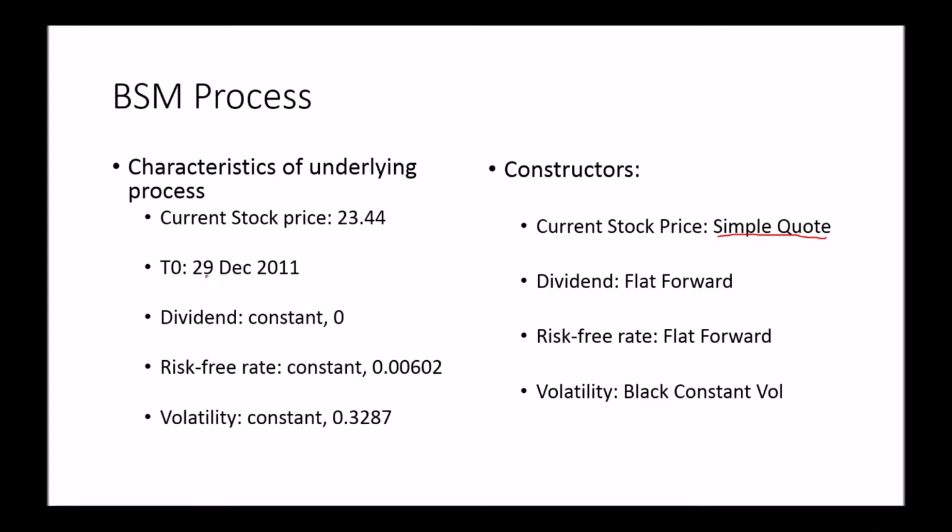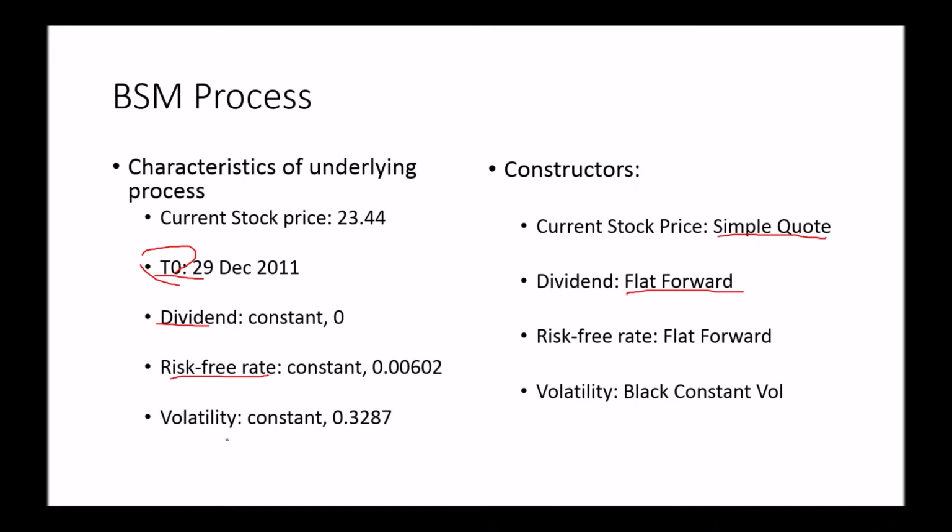The current date will not appear in the constructors by itself, but it will be combined with dividend rate and the day counter convention to construct the flat forward yield term structure of the dividend. For the risk-free rate, it is much like that of the dividend, so we will combine the current date of T0 and the risk-free rate and the day counter to construct a risk-free rate flat forward yield term structure.